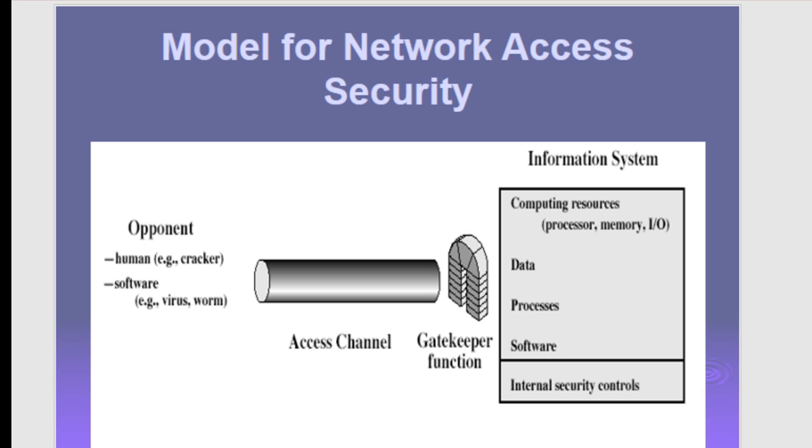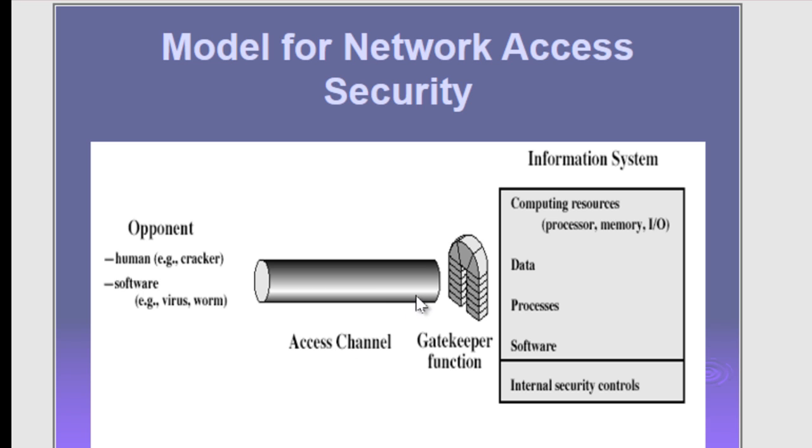So this is a model, and in this model we use an information channel or access channel. This access channel is accessible to any user, even opponents and different third parties. Everyone will have access, so this access channel is free for use by anyone.